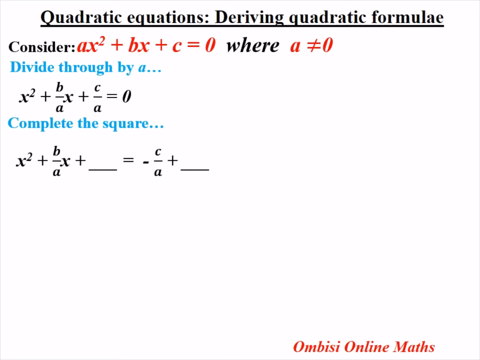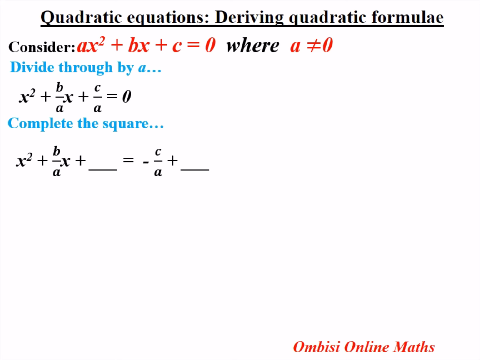Now, in completing the square, what is filled in the dash is half of the coefficient of x. So that is half of b over a, which is b over 2a.